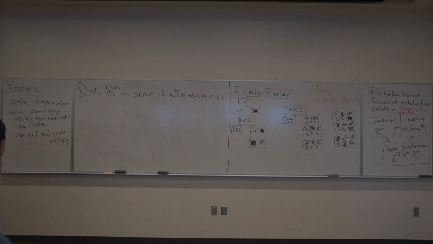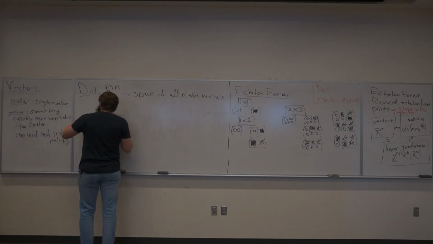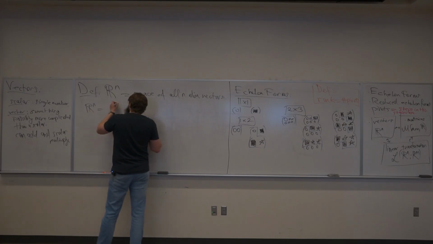And for us, that means anything in the space is like this: v1, v2, dot, dot, dot, vn.